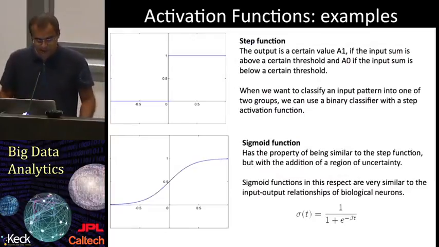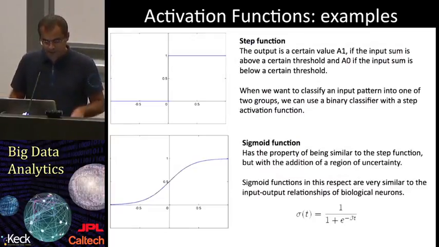In this slide, there are 2 examples of activation functions, step function and sigmoid. Now, say we want to have a crisp classification for a 2-class problem. In this case, we may use a binary classifier with just a step activation function.